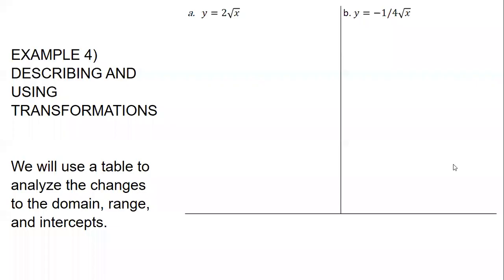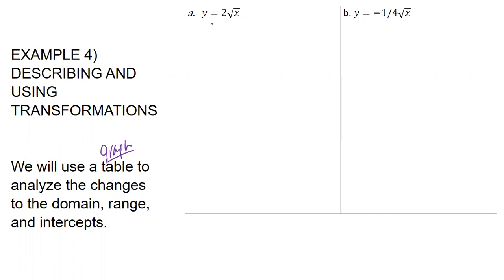All right, so next we're going to do describing and using transformations. Normally I would say no calculator. However, I'm going to allow you to graph if you need to, but you also can use the table to analyze. When you're graphing, I would like for you to at least identify the transformation first, okay?